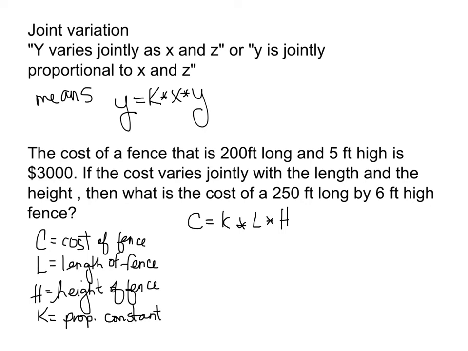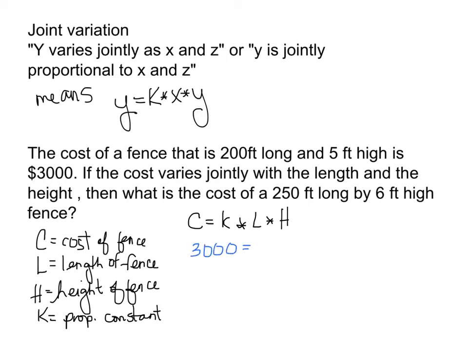Okay, we aren't always going to have a specific equation to solve, but because we want to essentially make a prediction, then let's use the things that we know. So we said if the fence was 200 feet long and 5 feet high, the cost was $3,000.